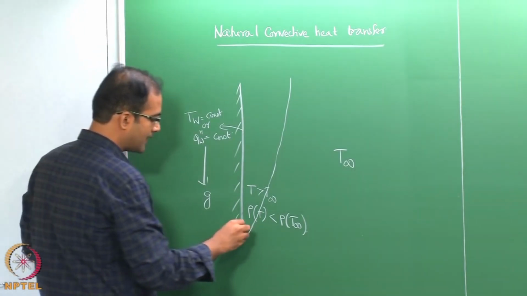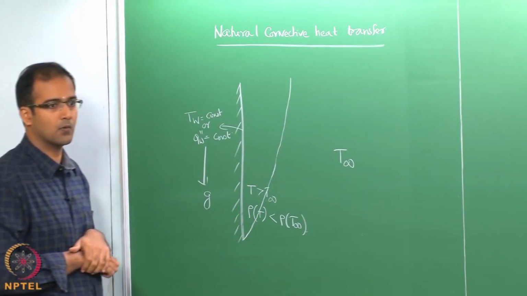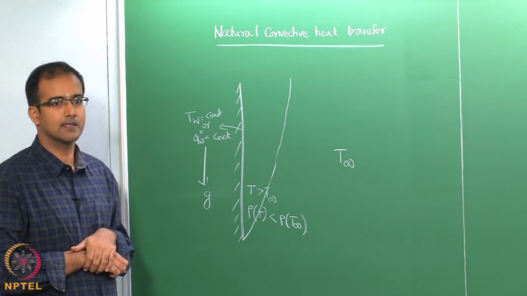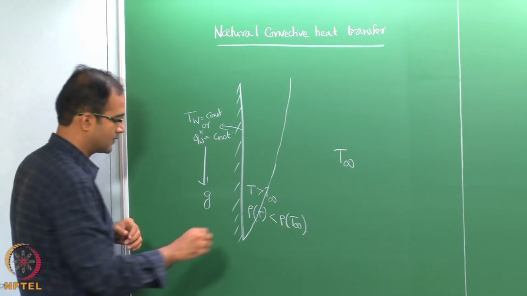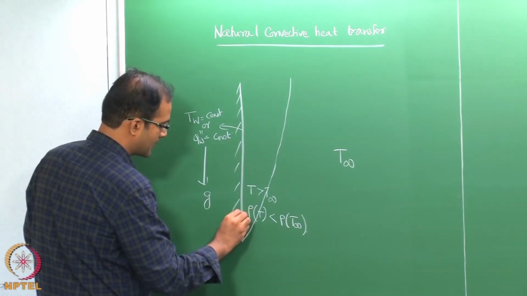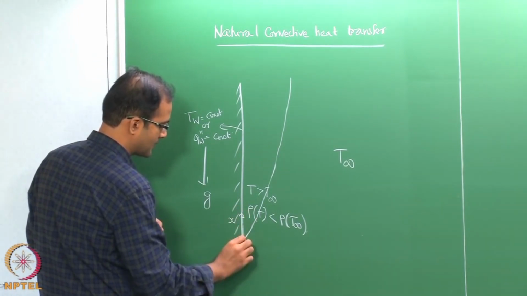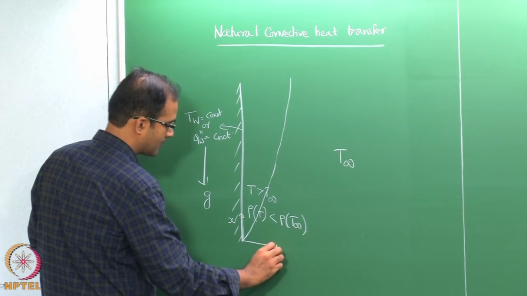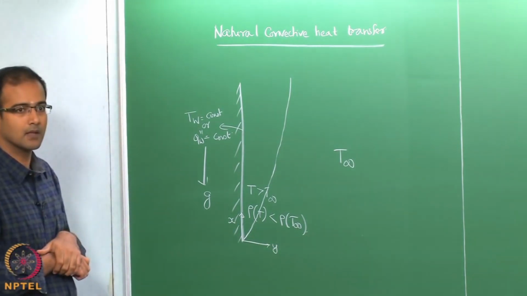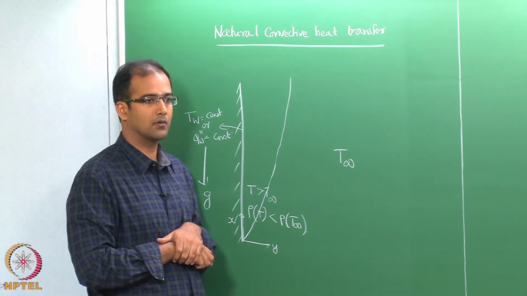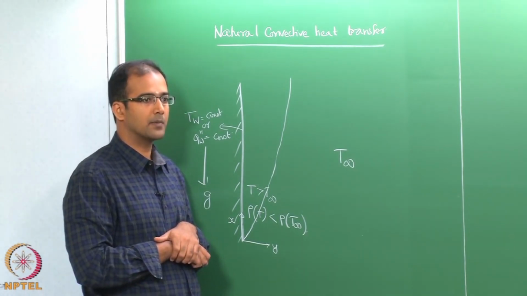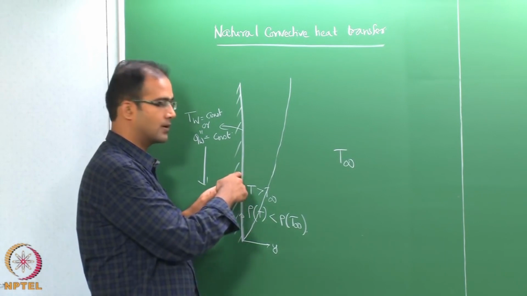So, we will have a coordinate system x and y in such a way that x is in the direction along the plate and y is perpendicular to the plate. Our origin will be starting from the bottom, this is your x, and the perpendicular coordinate is your y. In the case of the natural convective boundary layer, the boundary layer formation happens essentially due to a temperature difference.